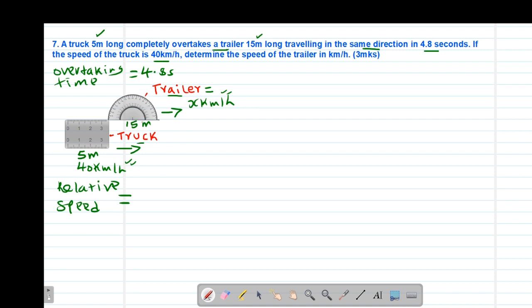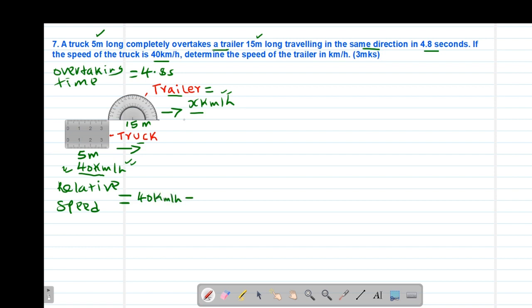Because if the trailer was moving at a higher speed, then it would not be possible for the truck to overtake it. So it simply means that the speed of the truck, which is 40 kilometers per hour, is greater than the speed of the trailer, which is x kilometers per hour. Therefore, if I want to get a positive value of the relative speed, I'm going to take the larger speed, which is 40 kilometers per hour.